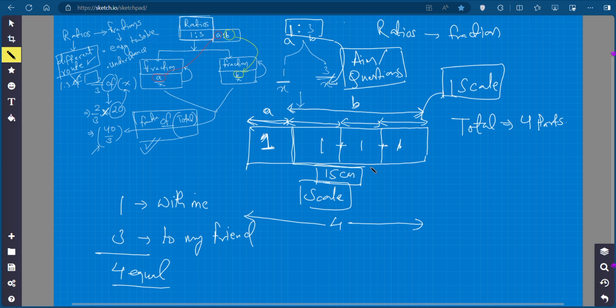These 3 blocks belong to B. This one block belongs to A, and this boy will keep A with himself and will give away the B blocks to his friend.